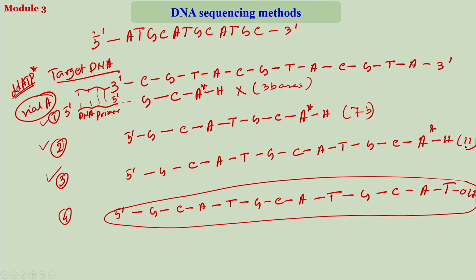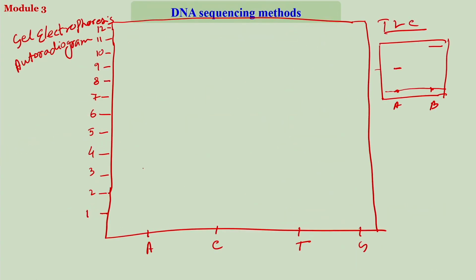So, 3, 7 and 11 you should see the spots. Since you have 3 fragments, they should have different movement and come in these positions. And of course, the full length does not have the tracker. DNA is invisible, the quantity is very low, and normal DNA does not have any color, so all you will see is where there is the label. So, 3, 7 and 11.